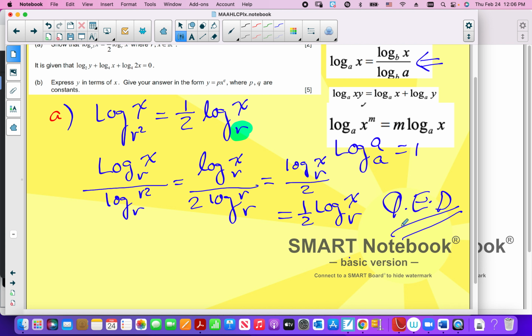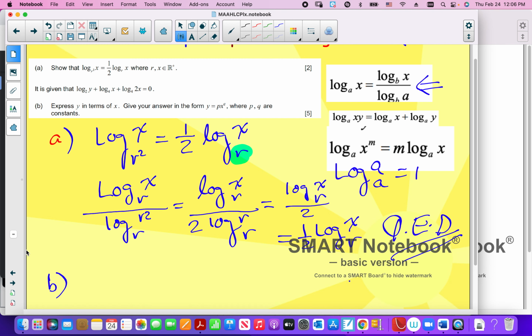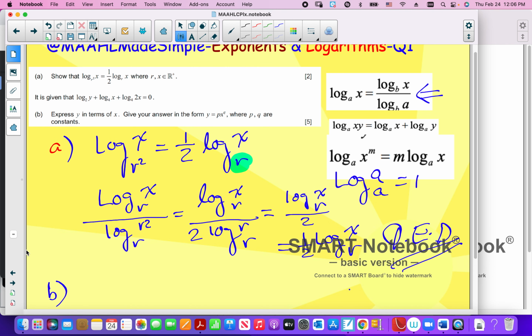So that is part A. It is simple. B, they gave me an equation: log y base 2 plus log x base 4 plus log 2x base 4 is equal to 0.